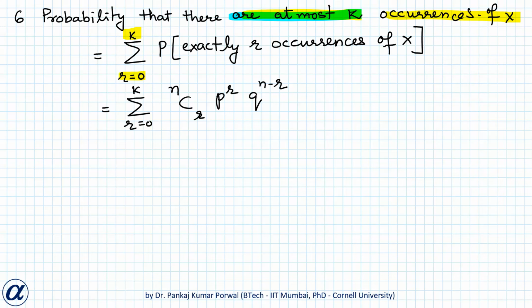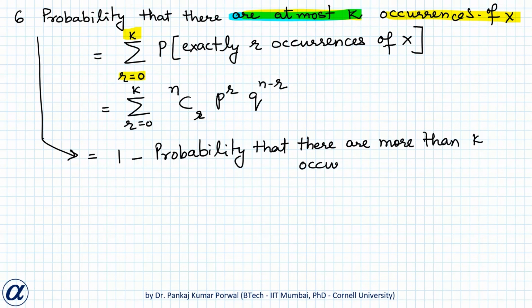Similar to the previous case, this can also be written using the complement of the given event, that is 1 minus the probability that there are more than k occurrences of x. And this again we can break down into simpler events of the form there are exactly r occurrences of x, and in this case our r will vary from k plus 1 up to n.